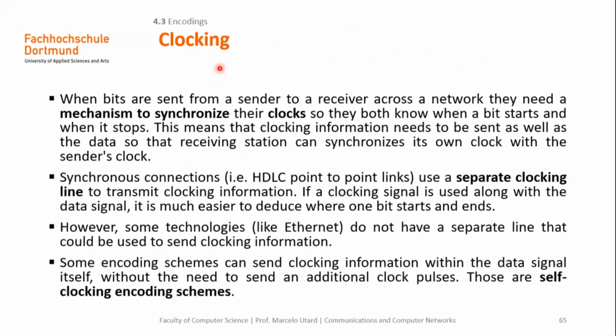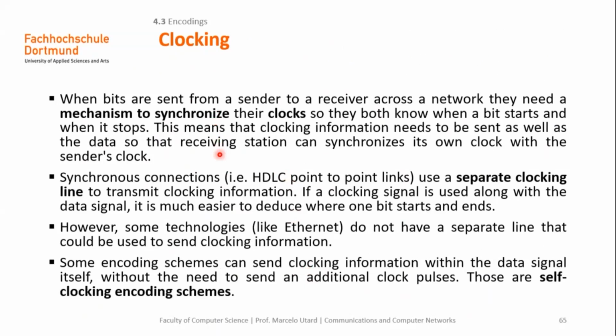Well, then the clocking. When bits are sent from a sender to a receiver across a network, they need a mechanism to synchronize their clocks, because the clock of the transmitter and the clock of the receiver could be slightly different, but different.